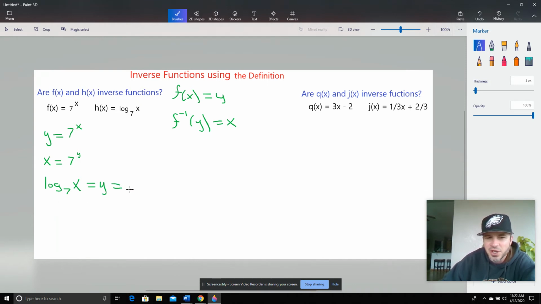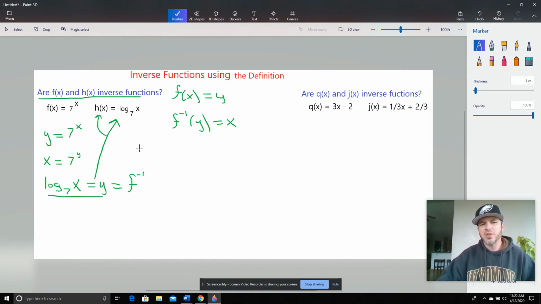This new function is the inverse of f because that's what we did. We built it. Then we look, and we see that it does match h. And since it does match h, we can answer this question with yes, these are inverse functions, because h is the same exact function as f inverse.